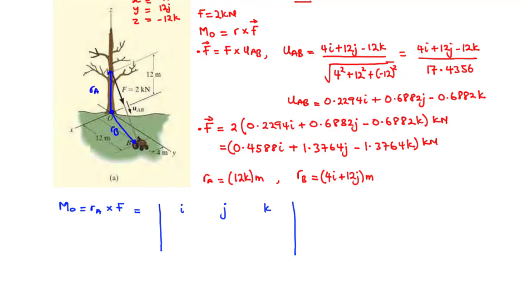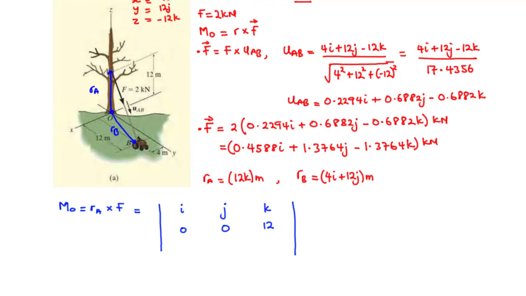And then for the second row, we have the coefficients of RA. For RA, we have 12k, which means the x component is 0, the y component is also 0, and the z component is 12.